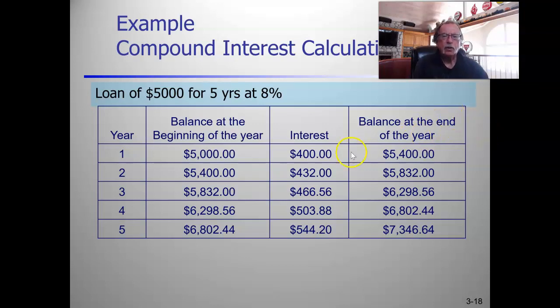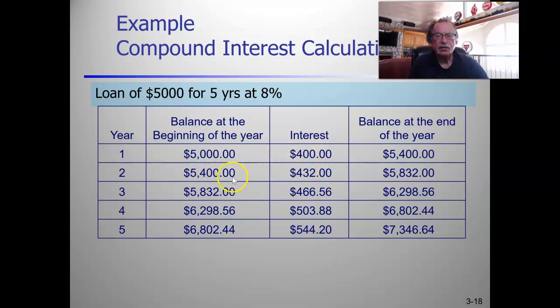Each year, we're going to have a larger and larger amount of interest due, because at the end of the first year, we owe interest on the original $5,000. At the end of the second year, we owe interest on $5,400, which is the original amount we borrowed plus the interest that was earned in the first year.